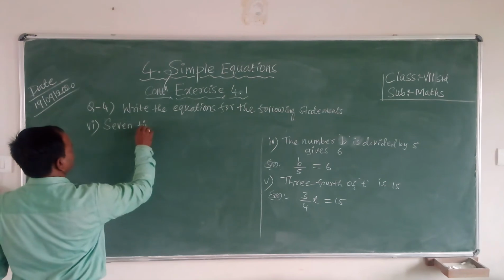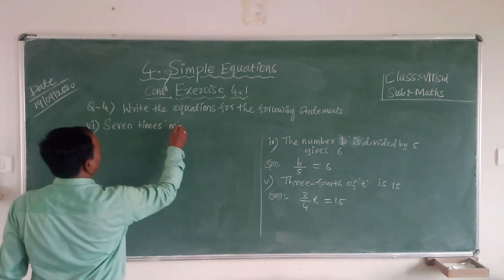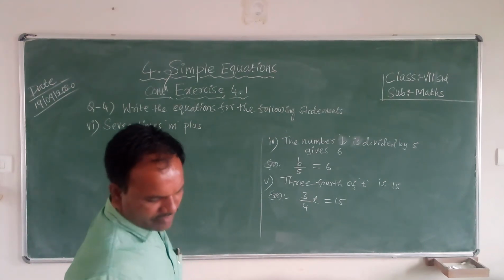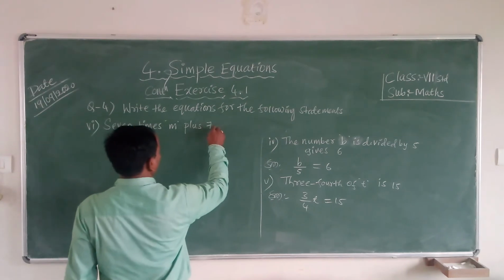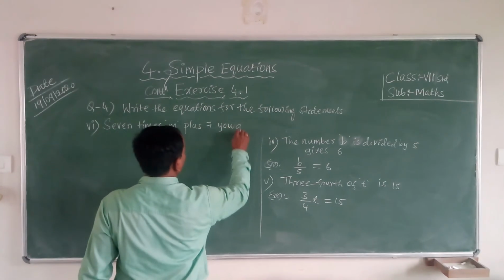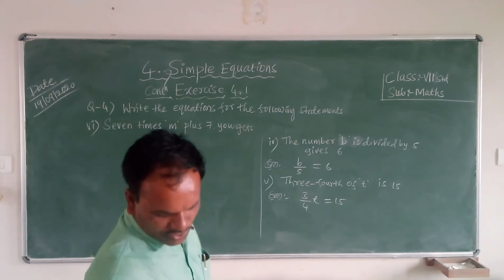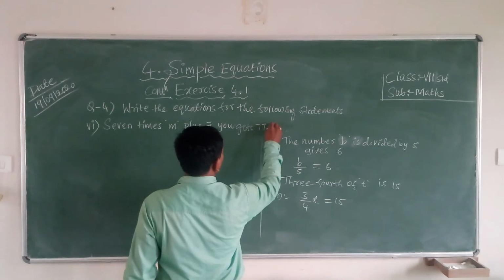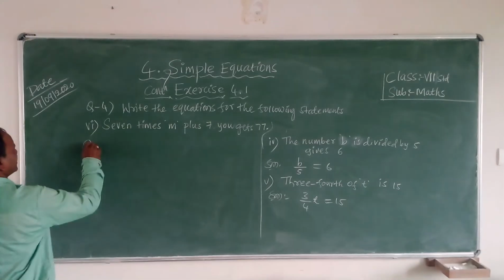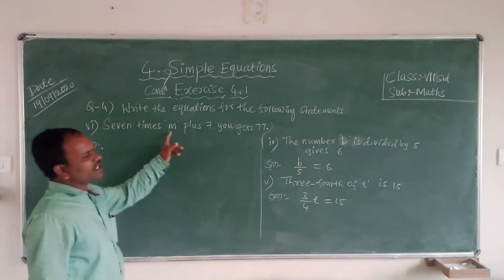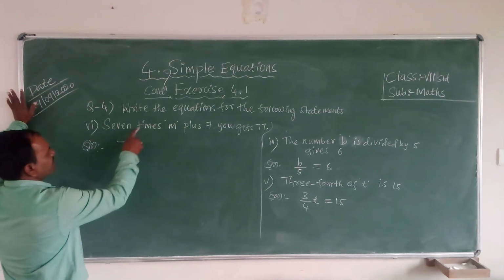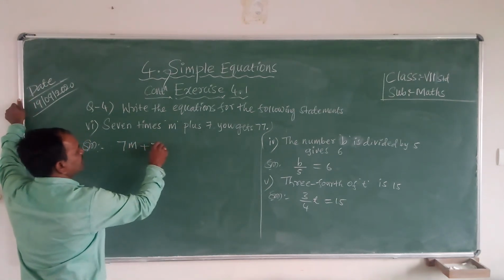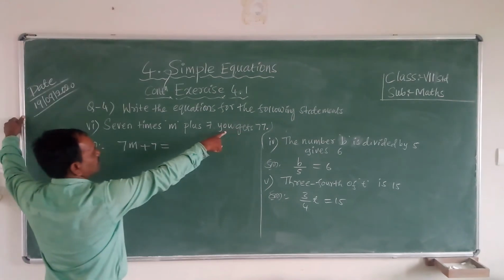7 times m plus 7 you get 77. Very simple, my dear students. 7 times m. 7 times m is what? 7 into m plus 7 is equal to, you get 77.